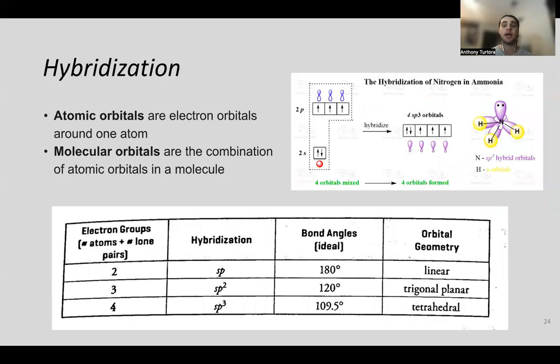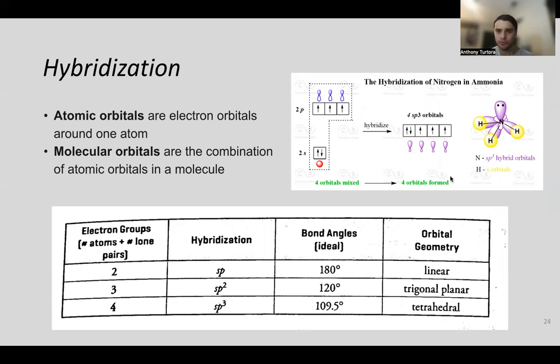All right, and hybridization. This is using VSEPR theory a little bit farther to figure out how the compound itself will actually look. We do this by using atomic orbitals, which are electron orbitals around one atom, combining into molecular orbitals. So it's the combination.